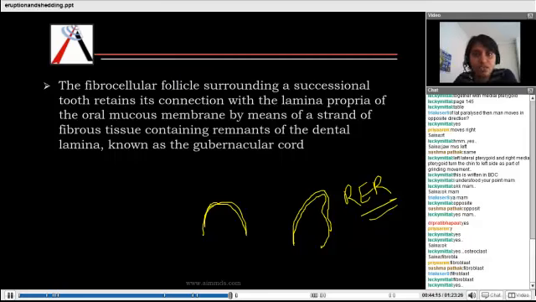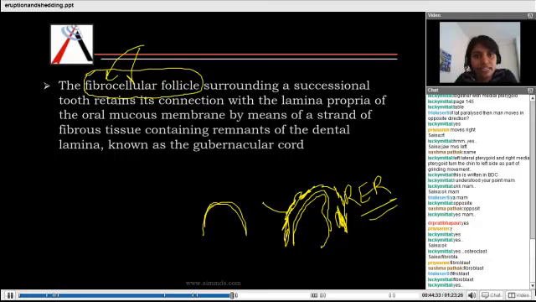Now this reduced enamel epithelium has a kind of condensation that develops here. Okay, this condensation is called as fibrocellular follicle. It's fibrocellular. It has the cells and fibers getting condensed around the erupting tooth.